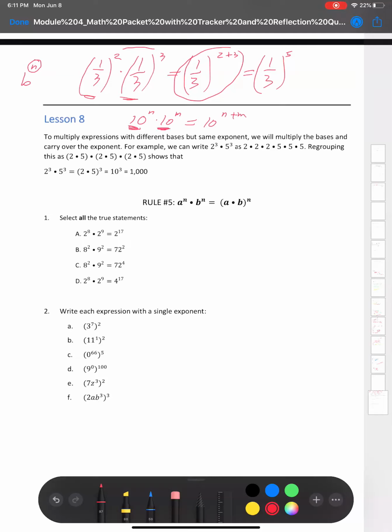Our properties, we introduced them by using powers of 10, but we can see that those properties apply to bases other than 10 as well, as long as we're dealing with the same base. So we have 1/3 and 1/3, then we can add the exponents. But what happens if we have different bases?